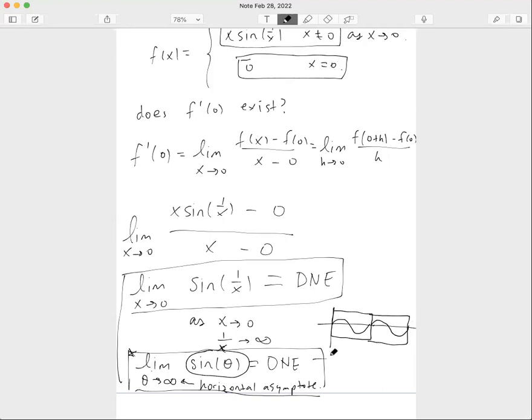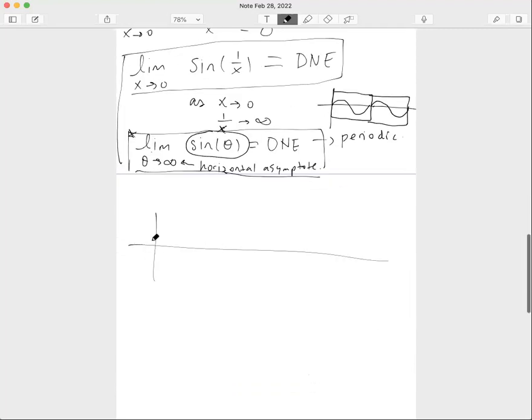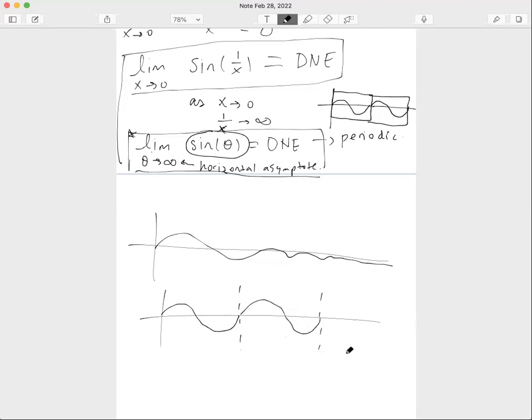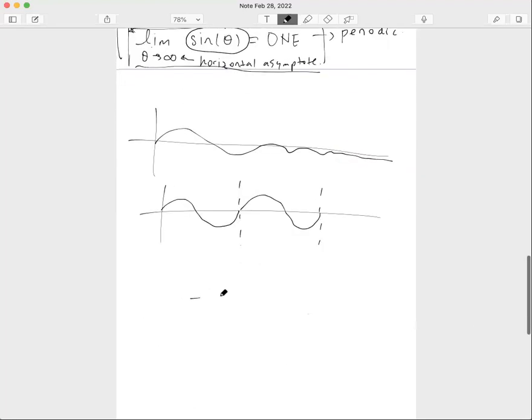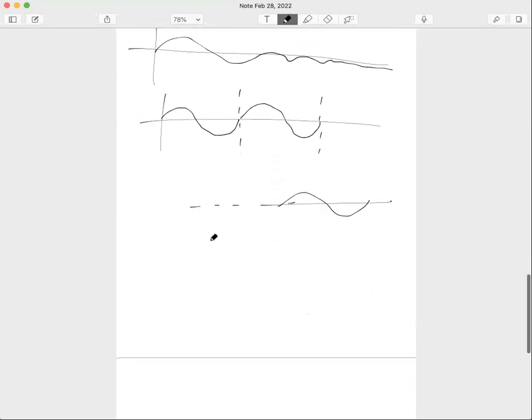This is DNE because it's periodic. Every 2 pi, it always has this wavy shape. It's not waving down to 0, but looking the same forever. That's what periodic means. So you put this off to infinity, and it will still look like that. Yes, that is true.